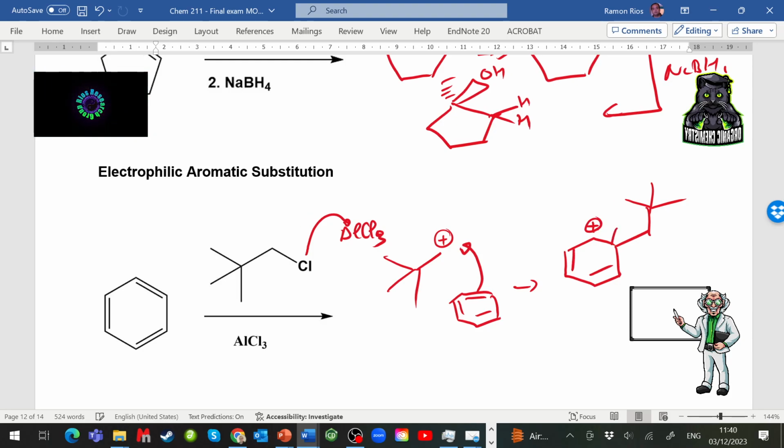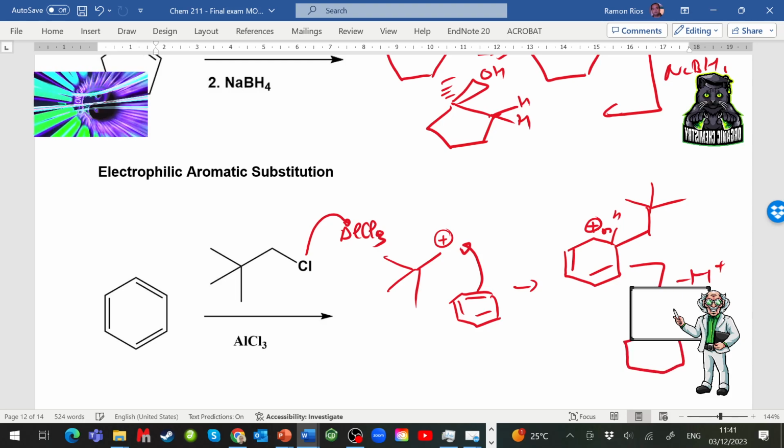Okay, and we lose a proton, and we regenerate the aromaticity to obtain this final compound. Right? Good.